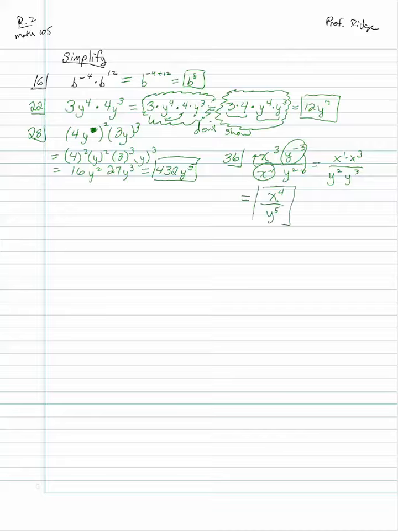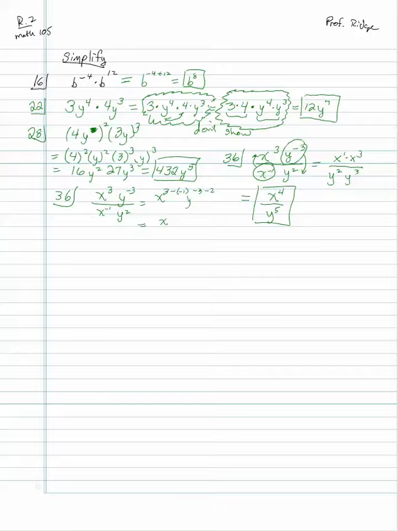And there you go. Now, I certainly could have just used the subtraction rule. So let me do 36 again the other way. I could have just used the rules exactly the way they're written. But the x's I'm going to subtract, so it'll be x to the 3 minus a negative 1, y to the negative 3 minus 2.